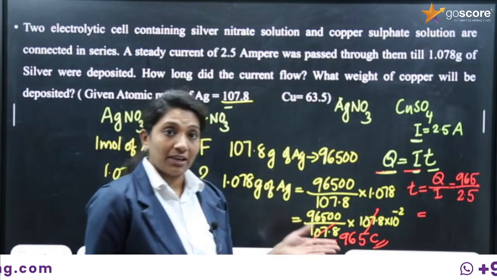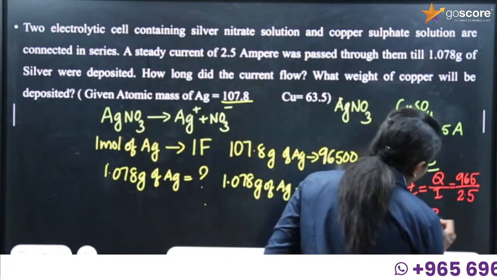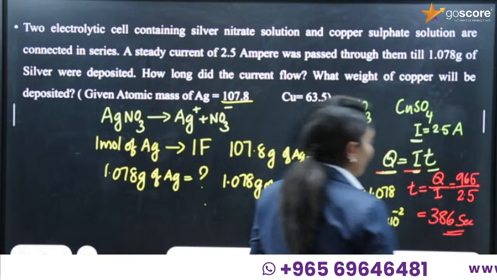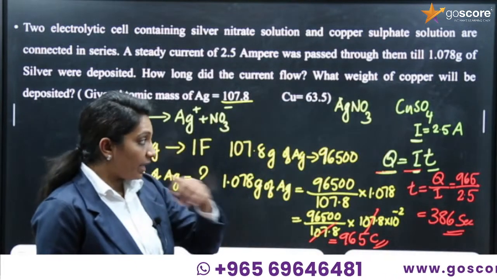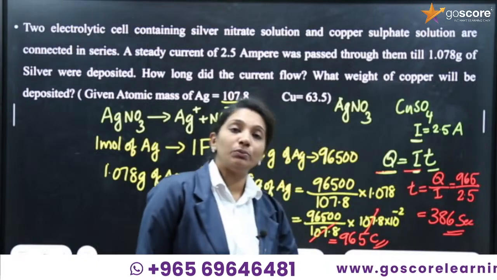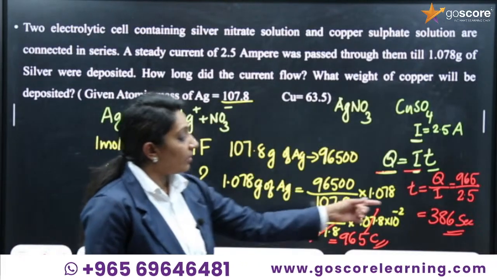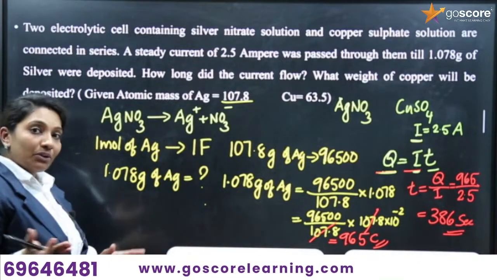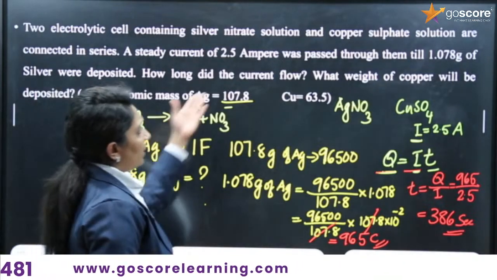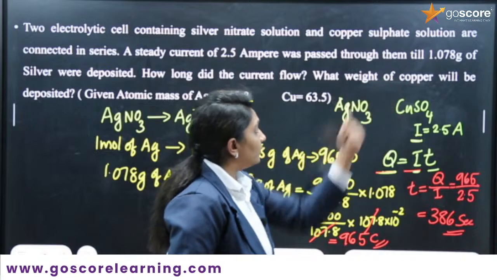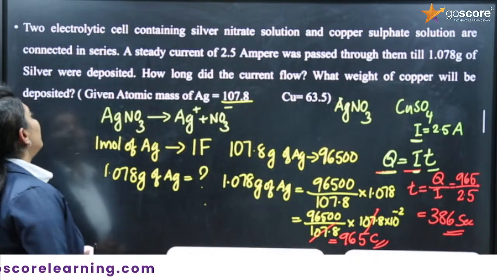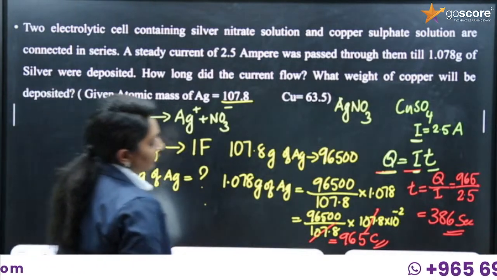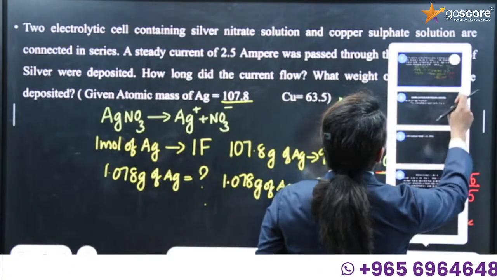You can do the calculation and the value you get will be 386 seconds. Now you got the time required, right? The next sub question: what weight of copper will be deposited? For that, you have to write the, wait.